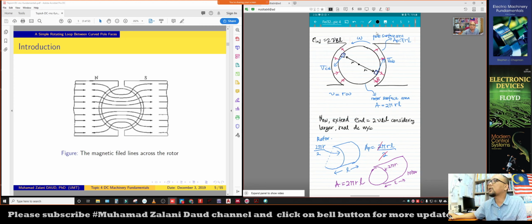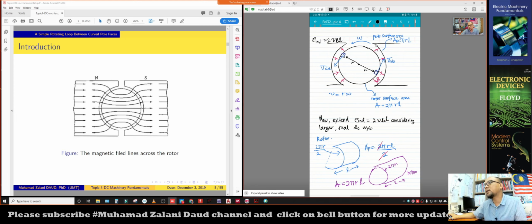We are going to relate the pole surface area of pi RL and the rotor surface area of 2 pi RL, and also the relationship of the tangential velocity, which is V equals R omega. We are going to substitute all of these values into this equation to see what happens to the equation of induced voltage.